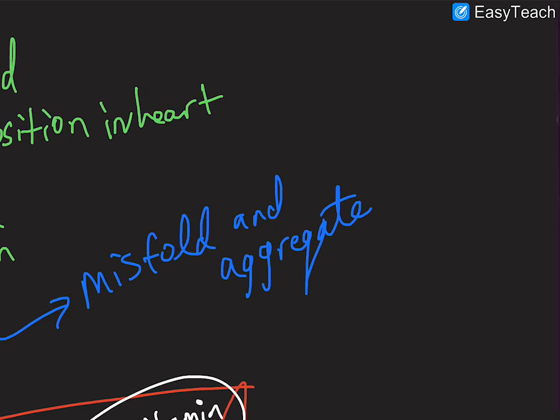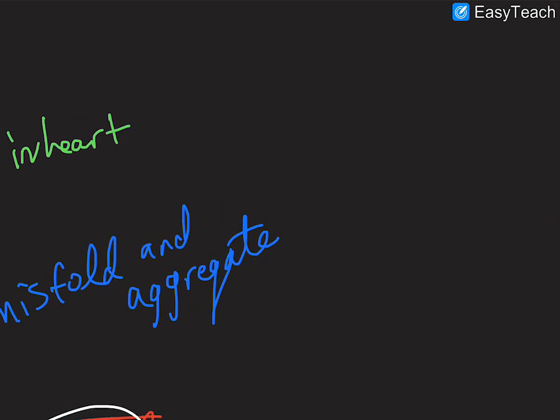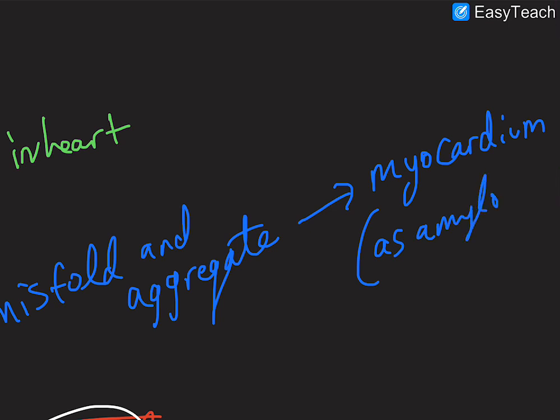Once transthyretin misfolds, it starts to aggregate in your myocardium as amyloid. Usually senile cardiac amyloidosis is asymptomatic, but it can lead to restrictive cardiomyopathy. It's important to know that it's often asymptomatic, but it could lead to mild restrictive cardiomyopathy.